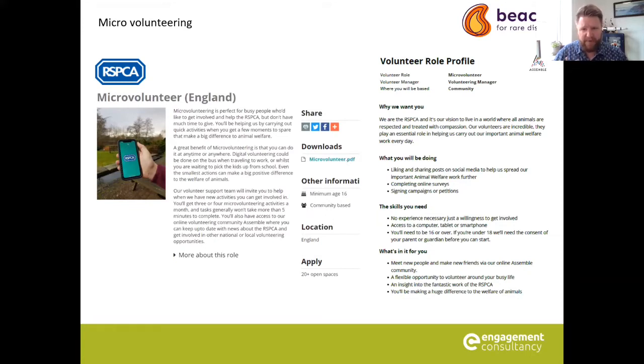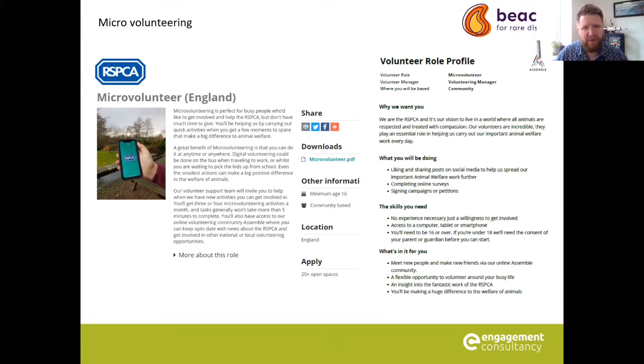And these types of roles have predominantly been around sharing social media posts, signing up and supporting campaigns, or submitting pictures to help the RSPCA with promotions, or events such as sharing a picture of you walking your dog, or looking after your cat, or something like that.